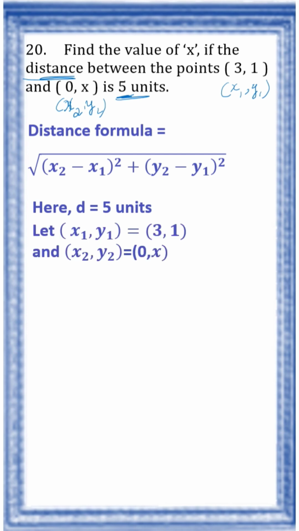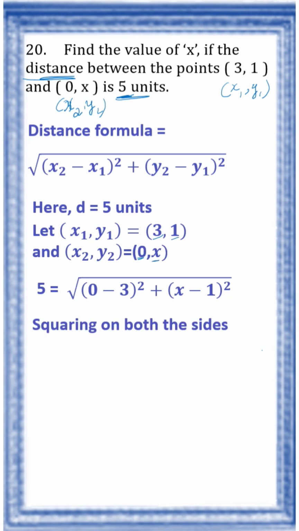So 5, I have once again written x1, y1 is equal to 3, 1, x2, y2 is equal to 0, x. Now 5 is equal to square root of 0 minus 3 the whole square plus x minus 1 the whole square. So squaring on both sides, 5 square is 25.